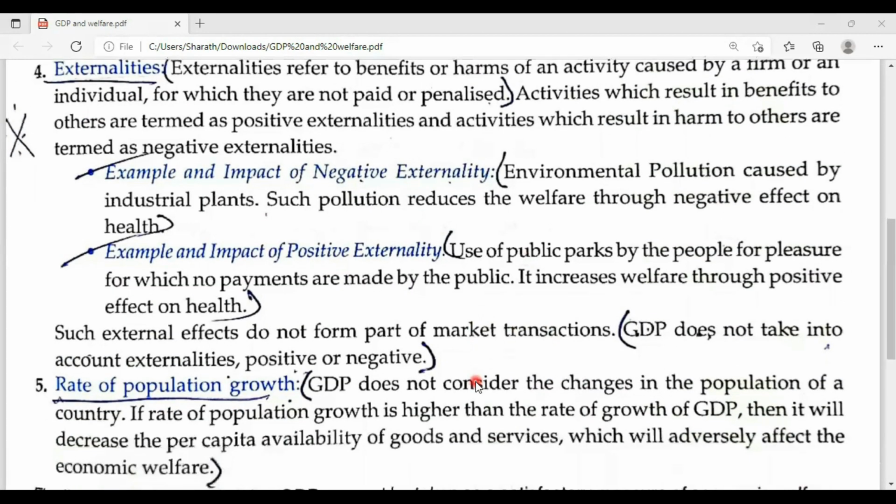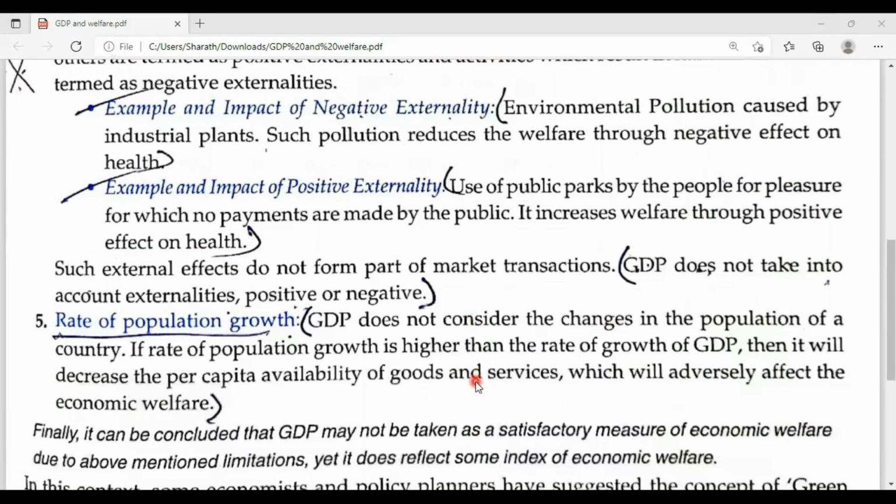The next one is the rate of population growth. When measuring the growth of GDP, they never consider the growth of population. Take this as an example: whatever the rate of GDP growth in an economy, if the population growth rate is double of that, the GDP growth is totally meaningless.